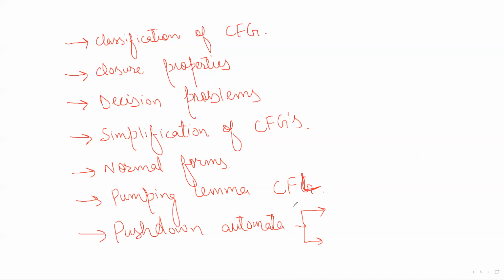Likewise, a pushdown automaton, or PDA, is either a deterministic pushdown automaton or a non-deterministic pushdown automaton. These are the things we have to discuss about context-free languages and pushdown automata, and we will complete them in the next two or three lectures, which will complete our discussion about context-free grammars.